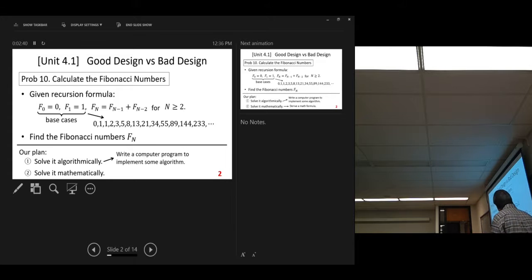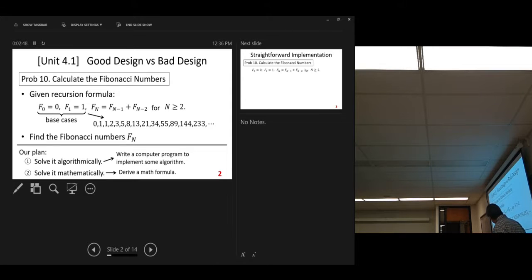Is it possible we find a math formula for F_n? If we have a formula, now we just plug in the given n, and we can find that number. So these two different ways.